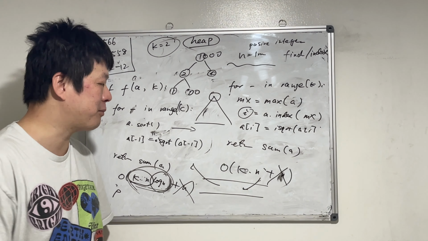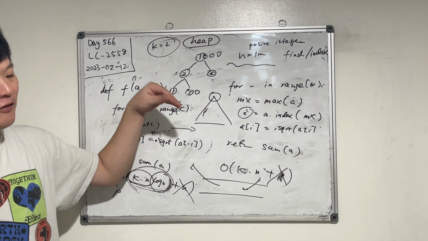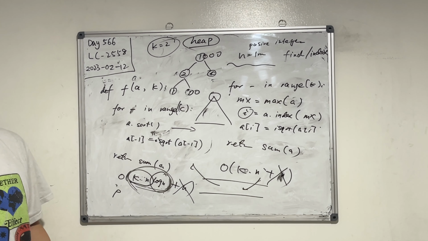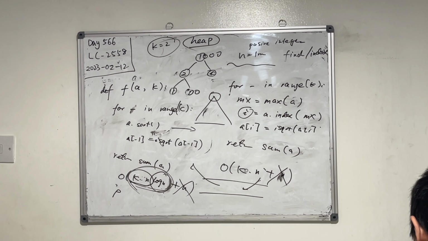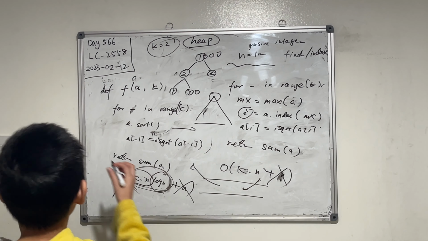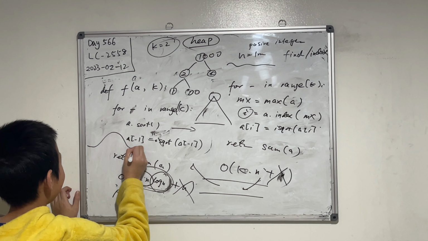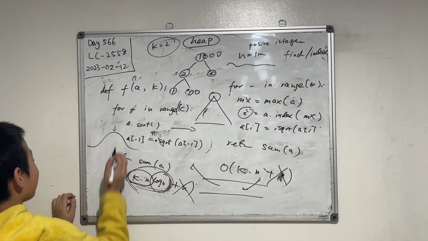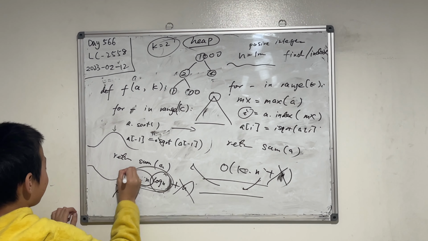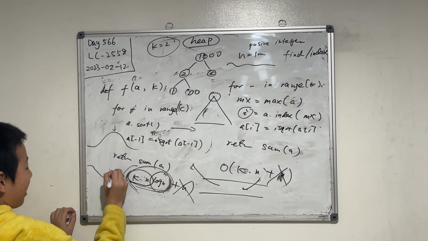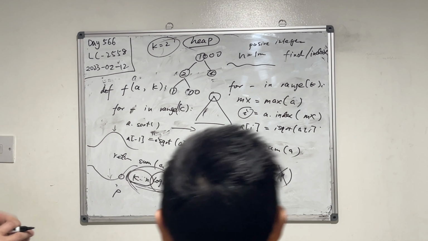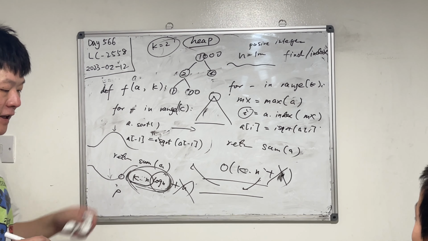Okay, so we can transfer between min heap and max heap. I'll show you. A heap is like this: the maximum is at the top. If the minimum is, it's just going to be a hole.